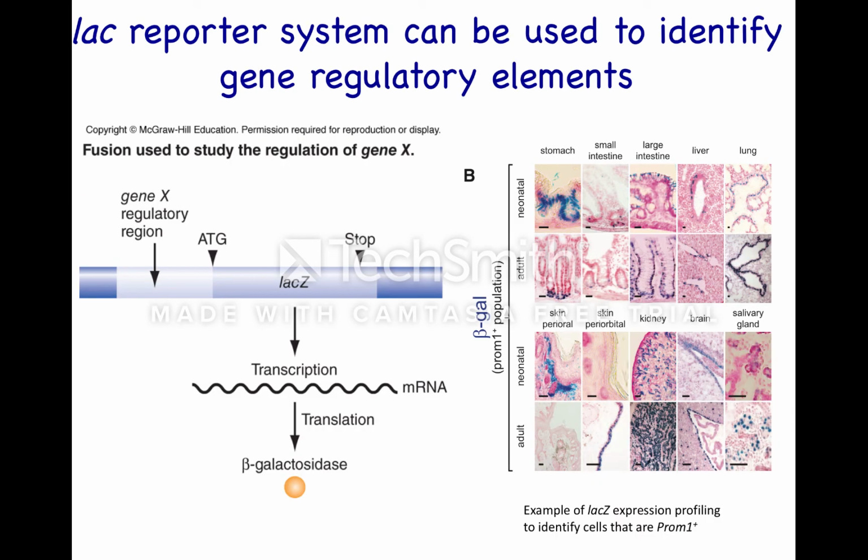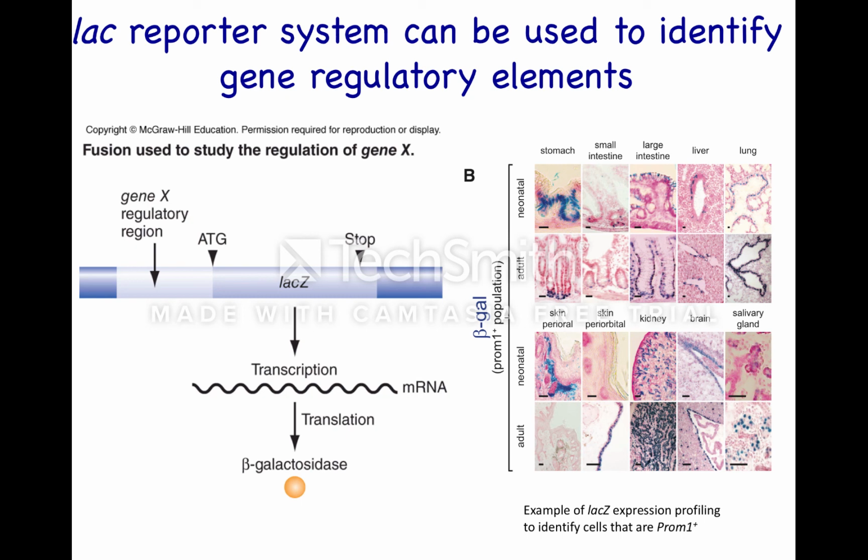I'm going to come back to this slide in just a moment, but to walk through this particular experiment, it was an experiment where they were trying to look at which cell types and tissue types a particular promoter was turned on for this PROM1 gene. This was a stem cell, I believe a stem cell marker. So this PROM1 gene is a stem cell gene that gets turned on in stem cells.